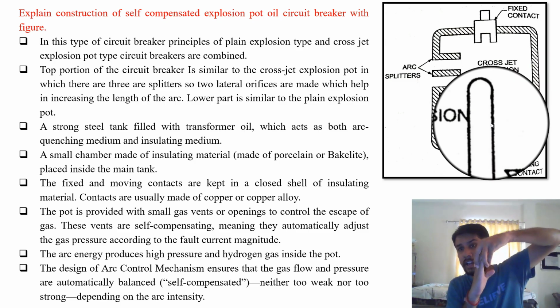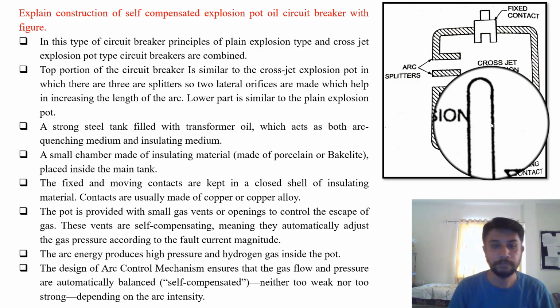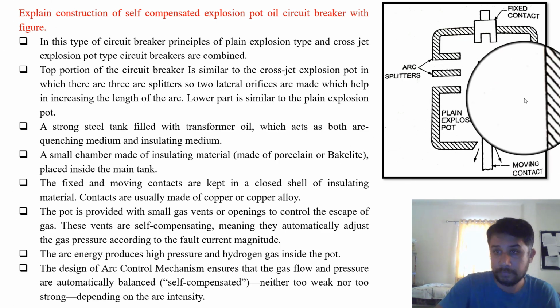Both are fixed together in this manner during the normal operating condition, in the closed shell of the insulating material. These contacts are usually made up of copper or copper alloys. The pot is provided with small gas vents or openings to control the escape of the gas here.